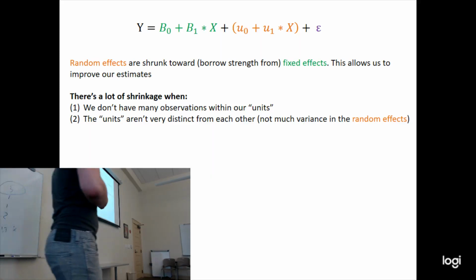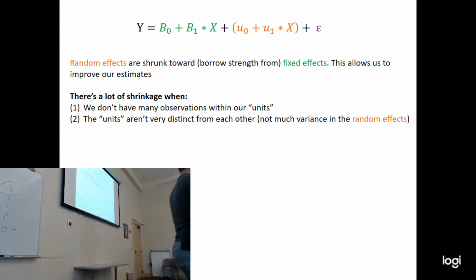And when the units themselves are not very distinct from each other. What I mean by that is that it isn't the case that reviewer 1 is generally harsh versus reviewer 2 is generally lenient. So we don't have reviewers that differ in general from each other. Instead, they all tend to give, on average, about the same scores to all the grades.